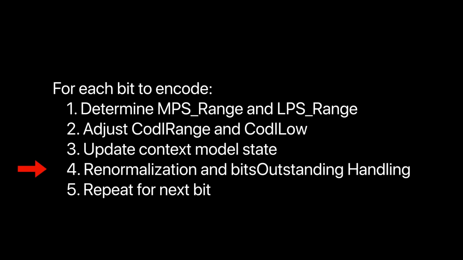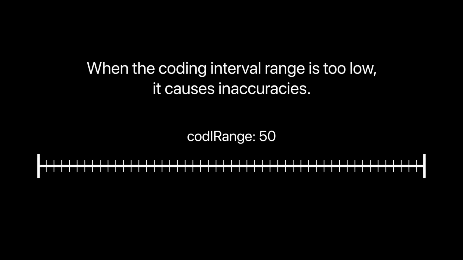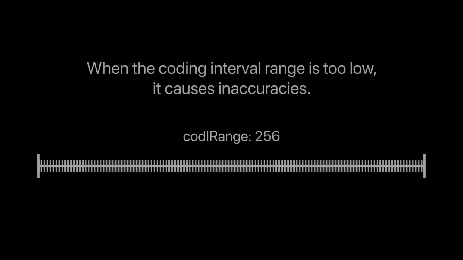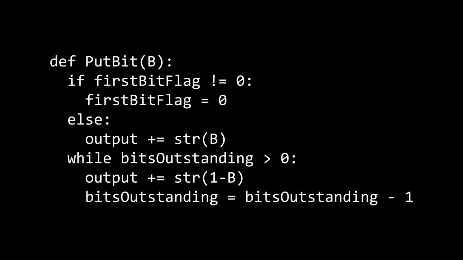4. Renormalization and bits outstanding handling. To maintain interval resolution, keep code I range more than 255. While code I range is less than 256, run this loop. If code I low is less than 256, output a 0. To output a bit, if this is the first time calling the output function, don't write anything. Otherwise, write the bit to the file.